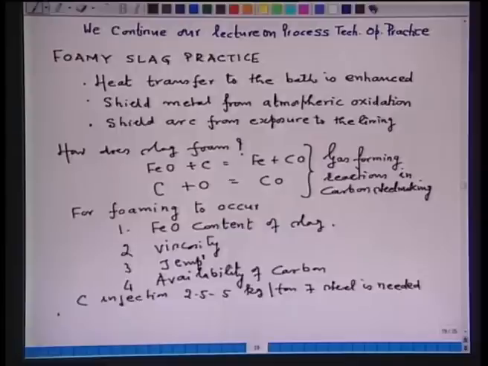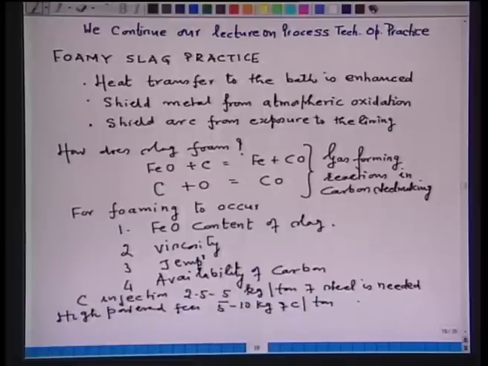If there are high powered furnaces, they will be requiring around 5 to 10 kg of carbon per ton of steel would be adequate for slag to foaming.